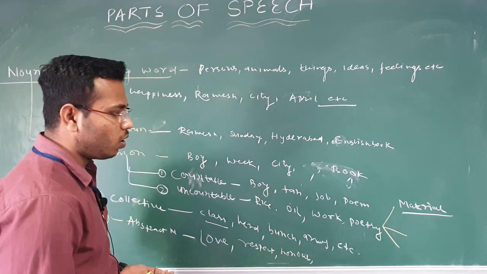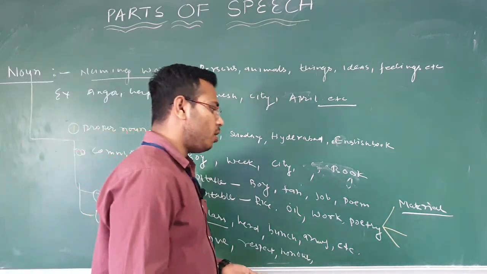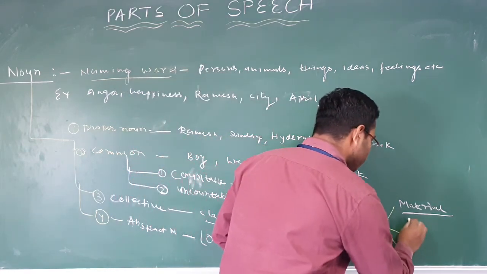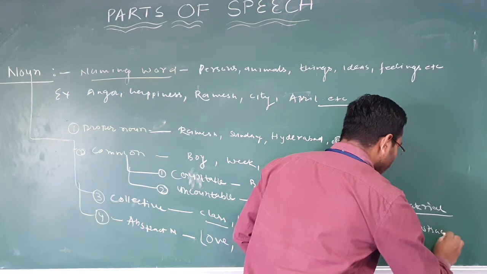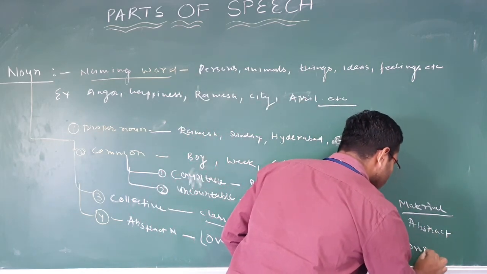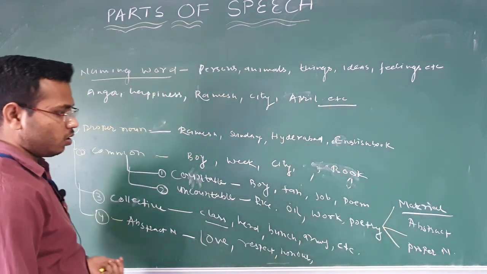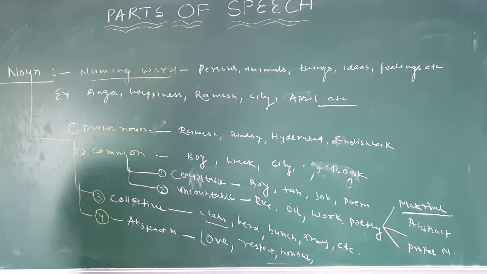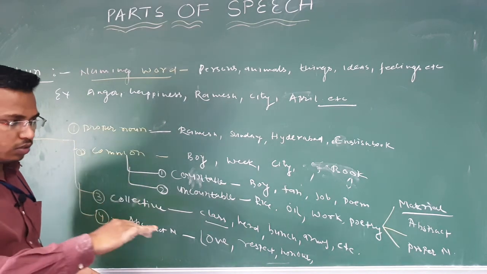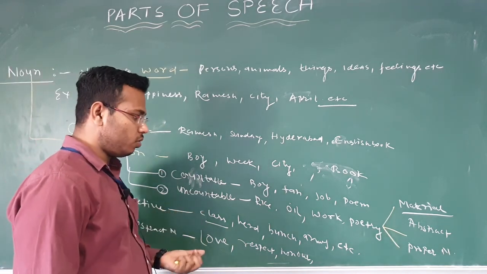Material nouns are basically oil, rice, butter, ghee, right? So in uncountable noun we can have material noun, we can have abstract noun, and we can have proper noun as well. But sometimes proper noun may act as a countable noun. But in most of the cases, proper noun acts as an uncountable noun.